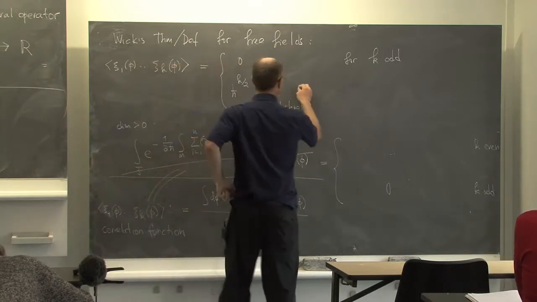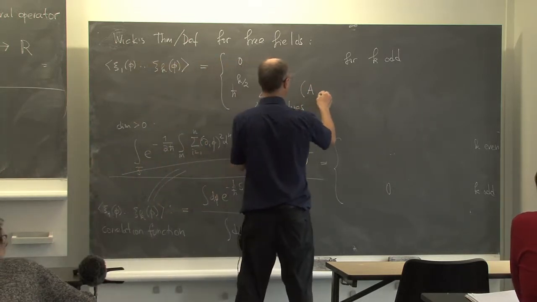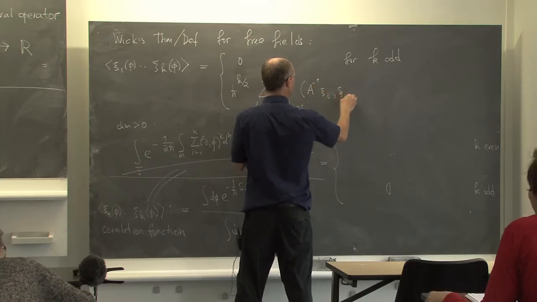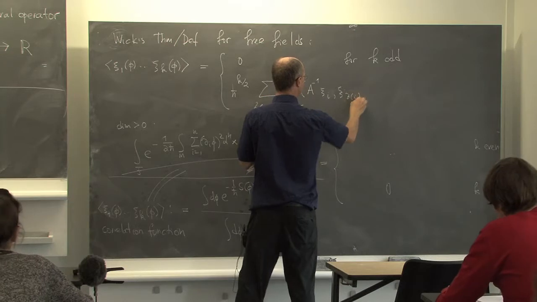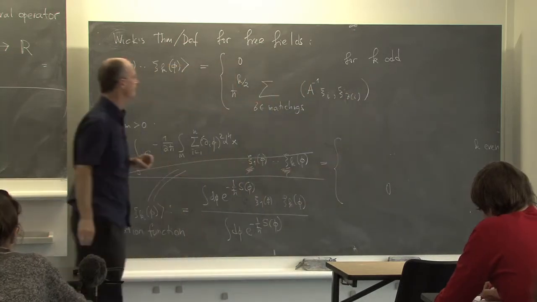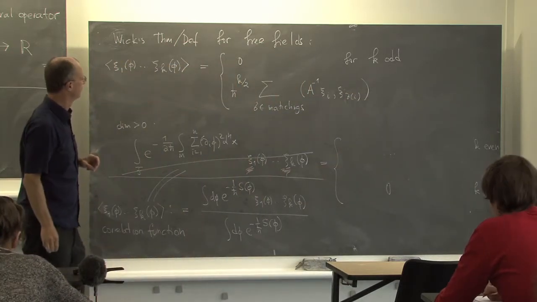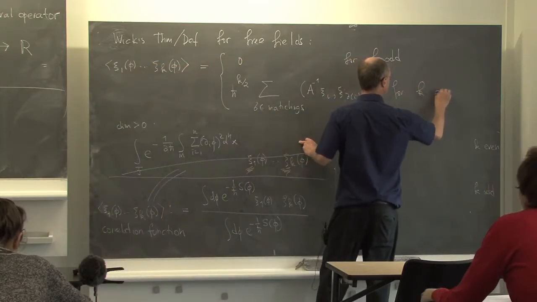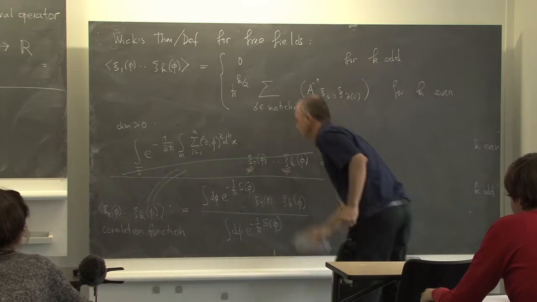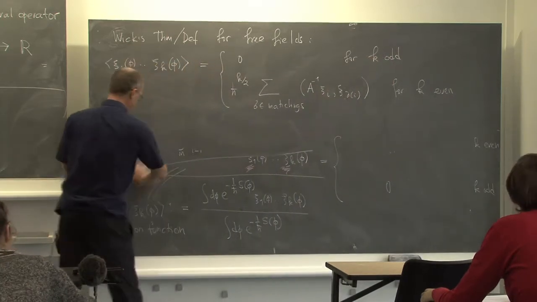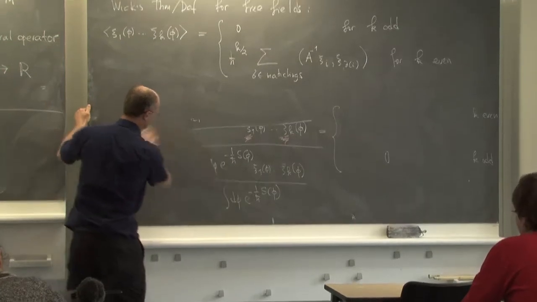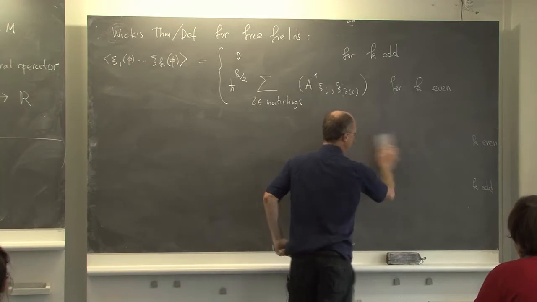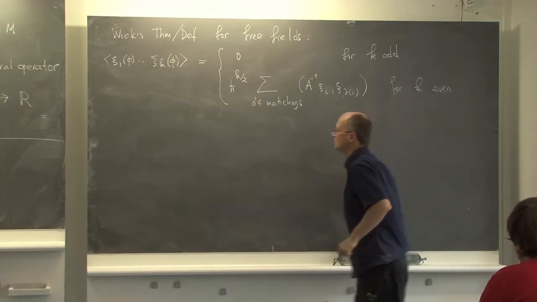And here we write exactly the same thing as before: A inverse of psi i, psi sigma of i. So now that's a definition.